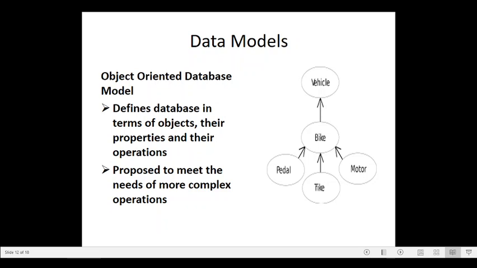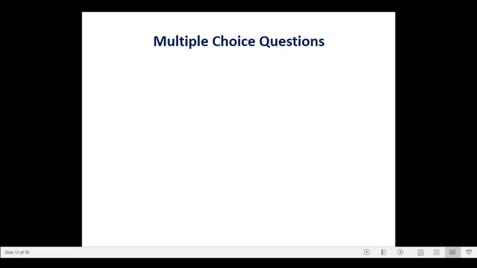So this exists only during the program execution. When the database is stored in terms of objects, we call that object-oriented database model. It was basically proposed to meet the needs of more complex applications and to offer flexibility. So here we have understood different database models and the pattern of storing the data, and their advantages and disadvantages.